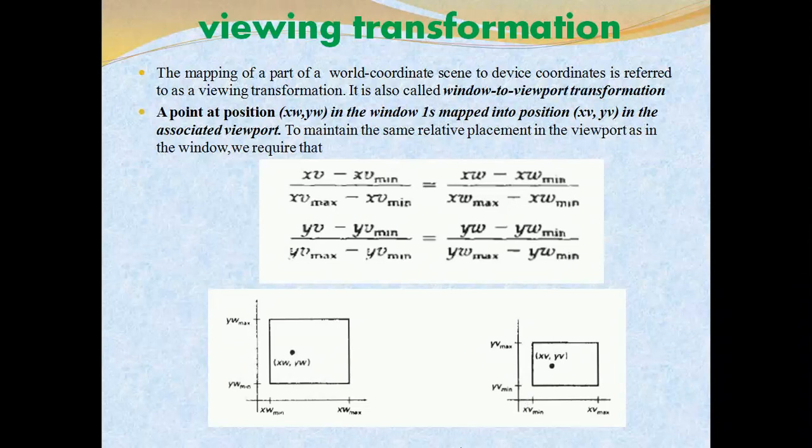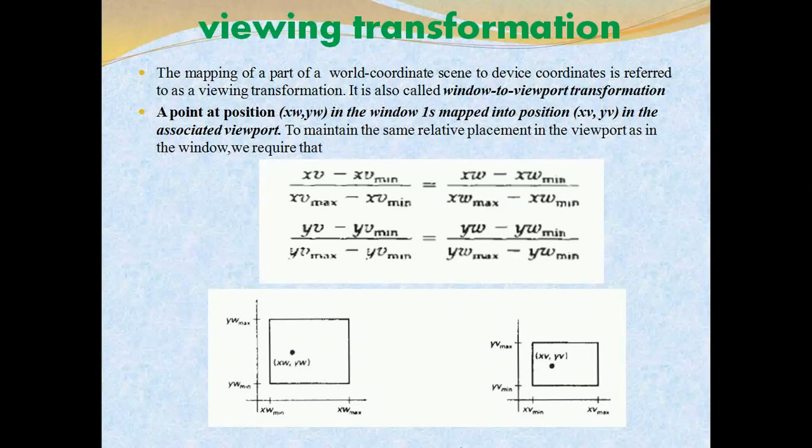So here we need to transform a world coordinate object, a large image, a large object, a large picture, into a typical output device or view coordinate. That's why you need a transformation or mapping.